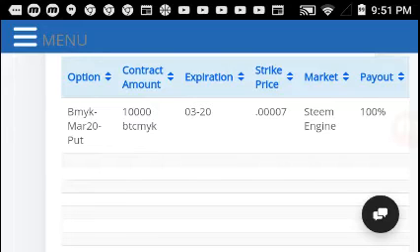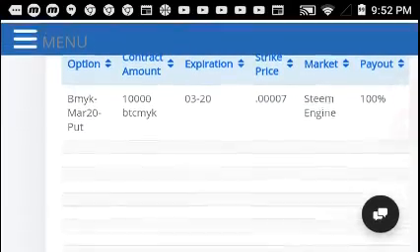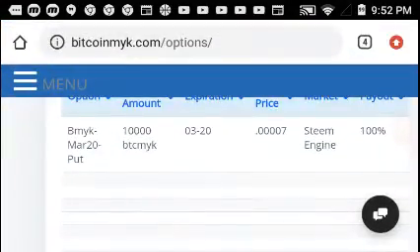And when you get access to the contract, you will receive 100% payout if the price moves below the strike price that is shown here. And that strike price will be relational to the buy and sell orders that are happening in the marketplace, and average between those prices.